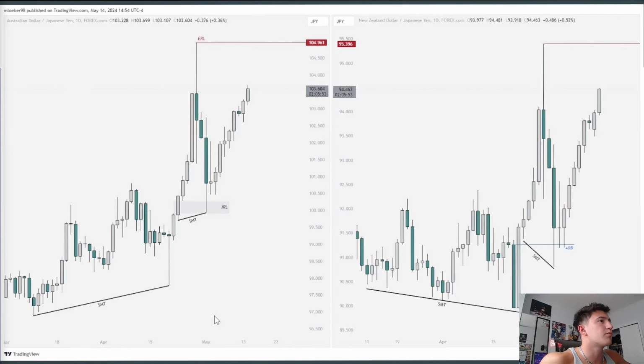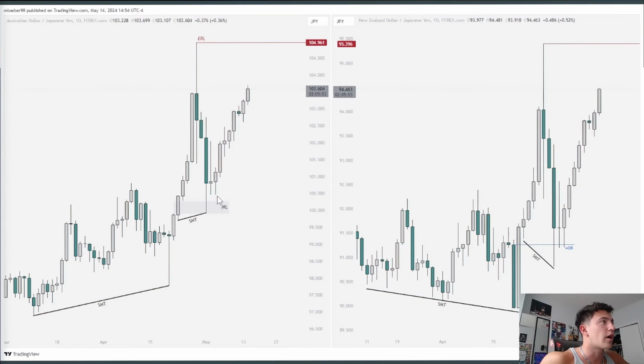I know I broke down a trade previous week on AUDJPY weekly internal to external range. So we've actually been strong on Australian dollar compared to New Zealand dollar for quite some time. You can see here we made the higher low on AUD and the lower low on NZD. And if you look here too, price reaching our internal range liquidity pool and creating SMT inside of that internal range liquidity pool. So we have our step 1 and 2 checked off of our list.